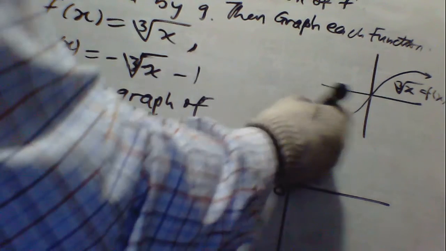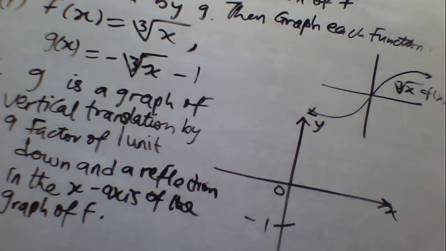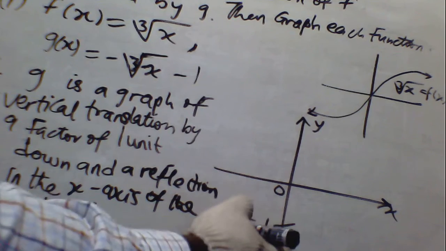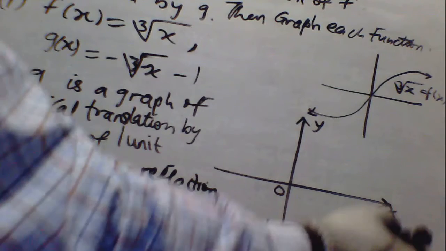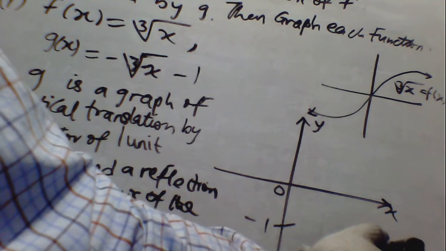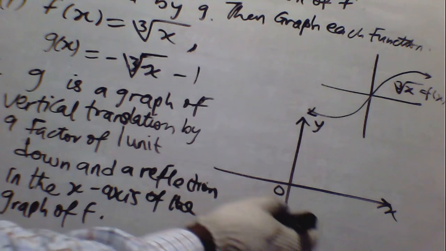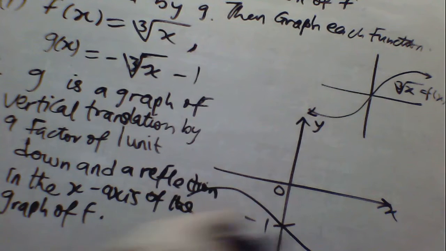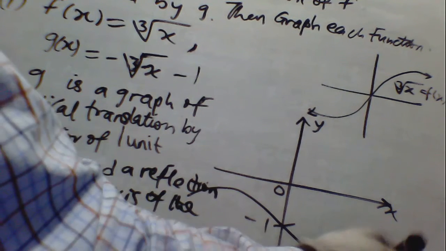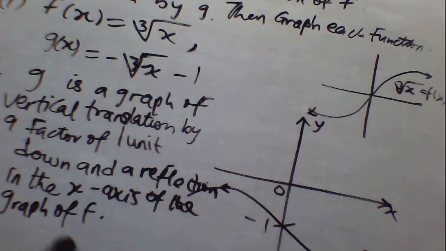Here is 0, here is y, here is x. We have minus 1 here. So how do you draw this? You come to this point, because the parent here has no negative, therefore this will become open first. You come to 1 and draw the graph. It will be open. This is how the graph is going to look like.